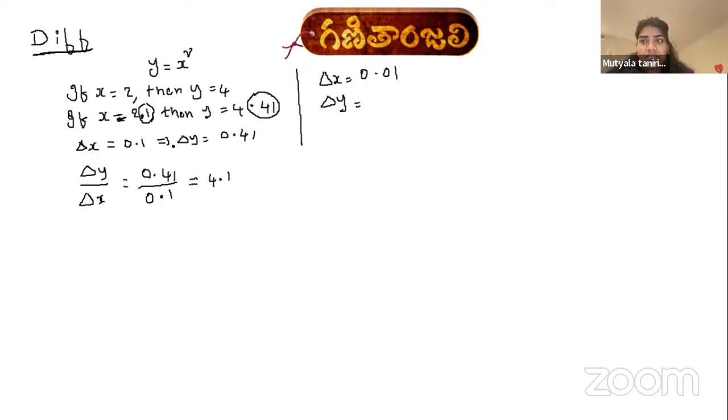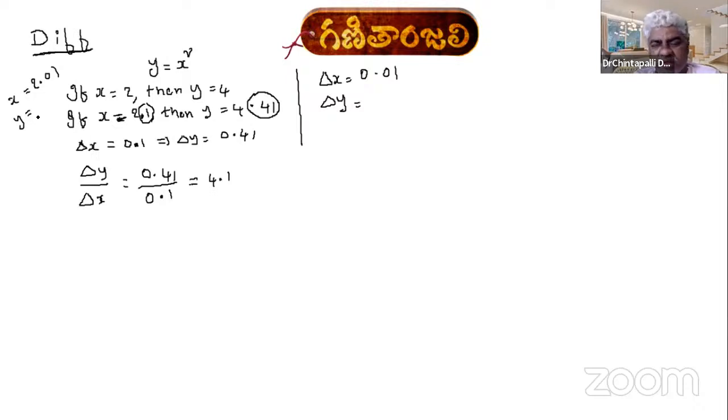If delta x is 0.01, then x is equal to 2.01. Then y is equal to 2.01 whole square.